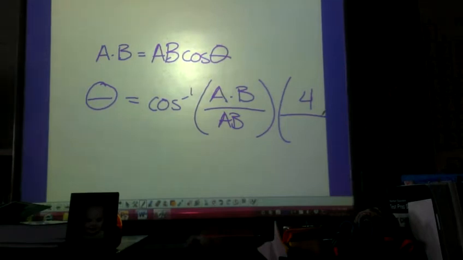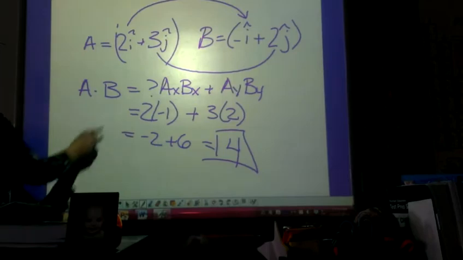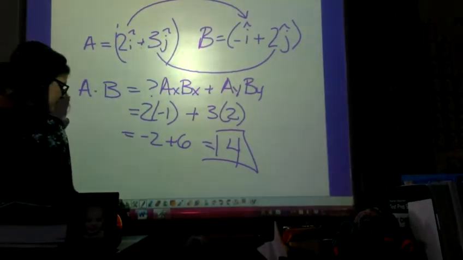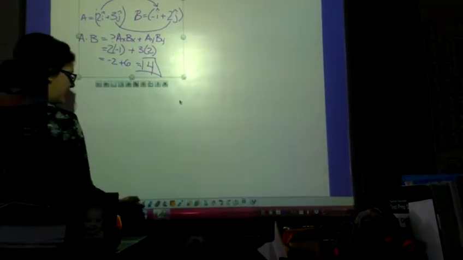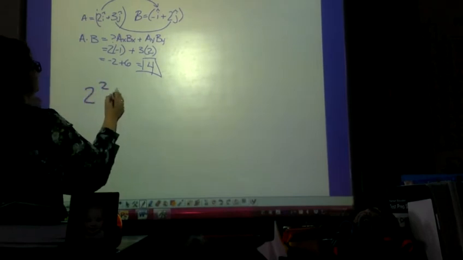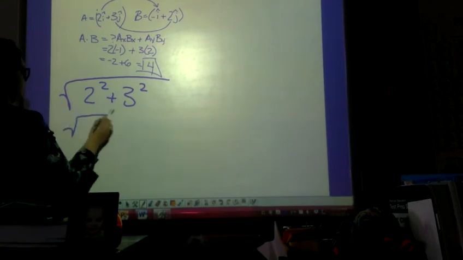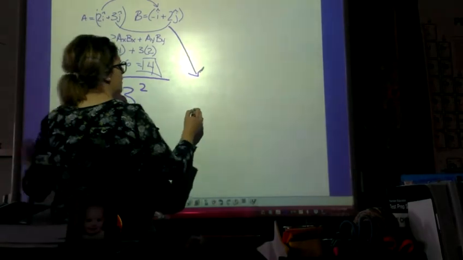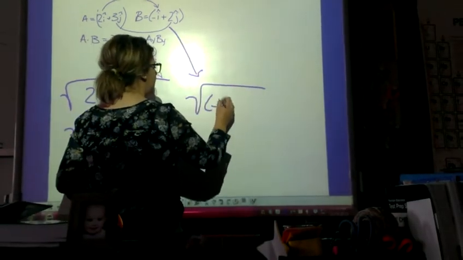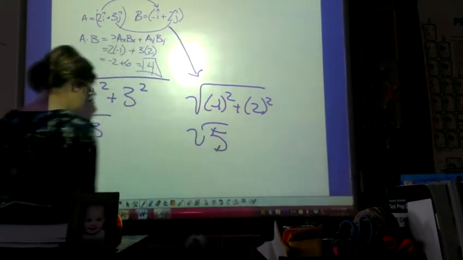Okay, how do I find the magnitude of A? If this is A, 2i plus 3j, I can find the magnitude by doing AX squared plus AY squared, square root it, and I get A. So if I did 2 squared plus 3 squared, square root it, you get radical 13. I want to do the same thing for B. If I had negative 1 squared plus 2 squared, I'm going to get radical 5.